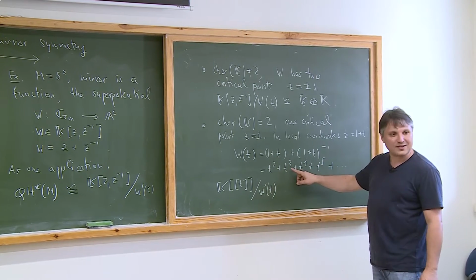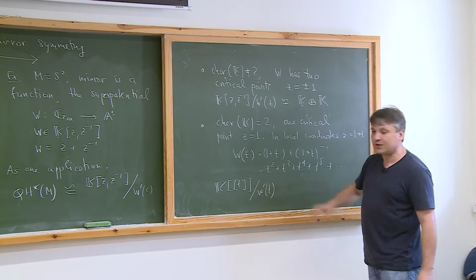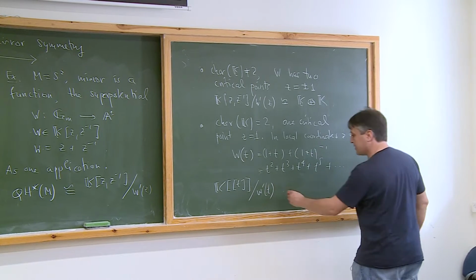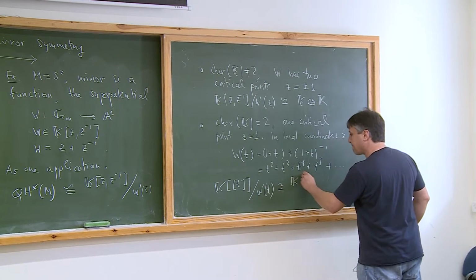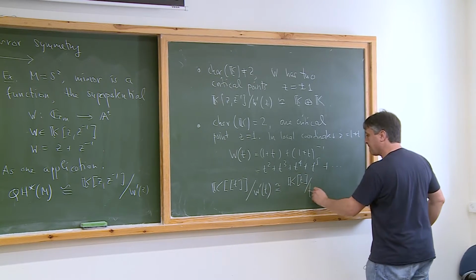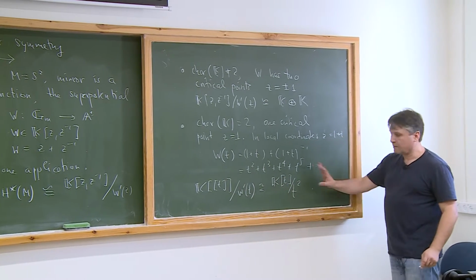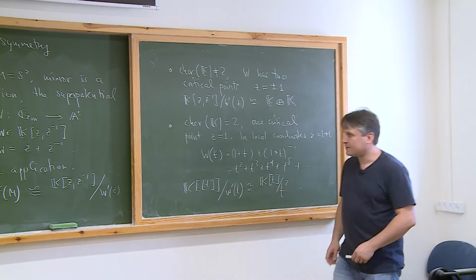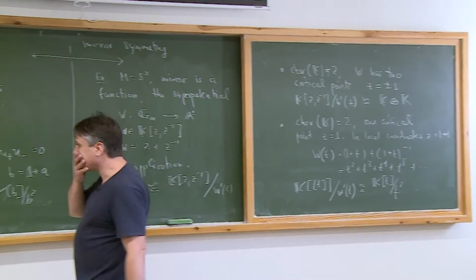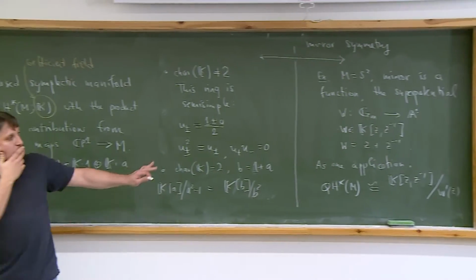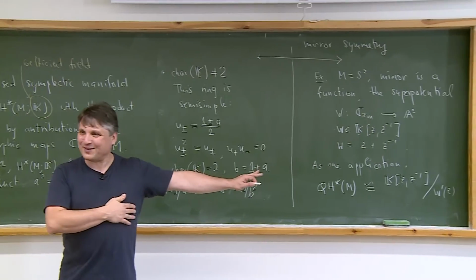Here you get a t squared, and then the higher order terms don't matter when you divide out by what it generates here. Is everybody with me so far?